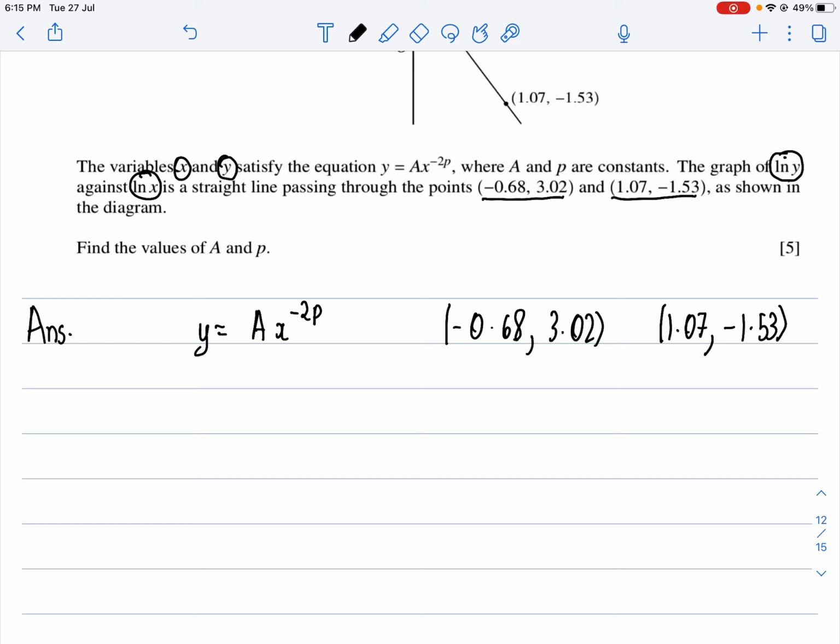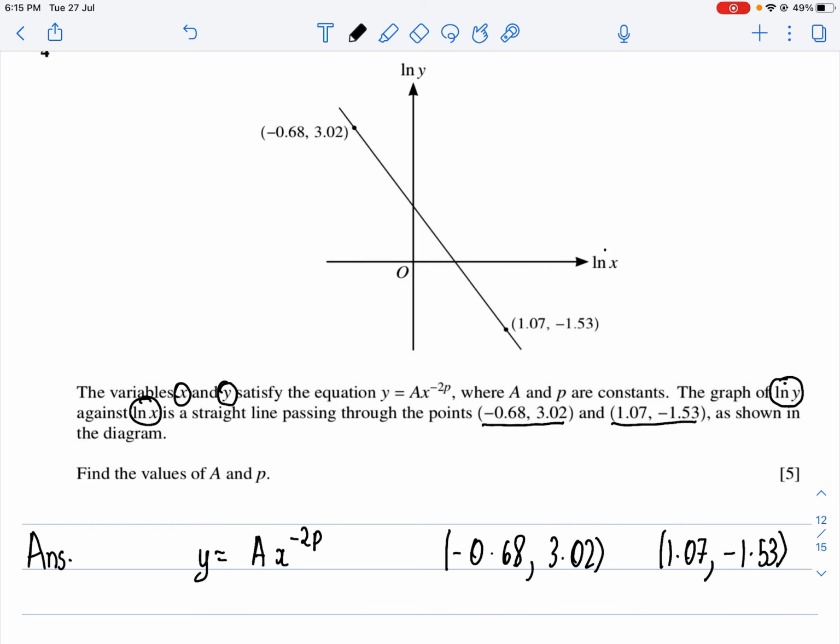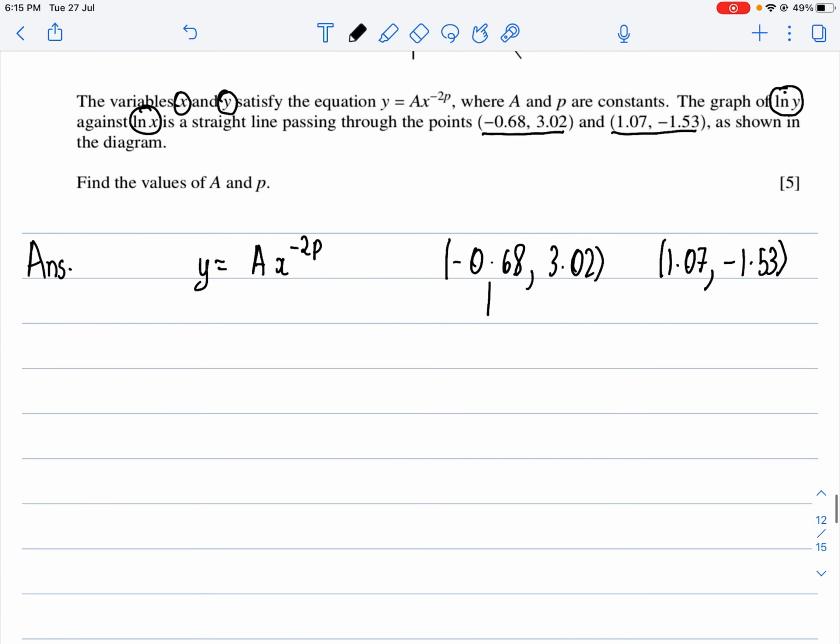But now I know that normally the coordinates are x comma y. But in this case you need to look at the axis. This is the most important. Here I have ln x and here I have ln y. So I can simply say that this thing here is ln x and not only x.